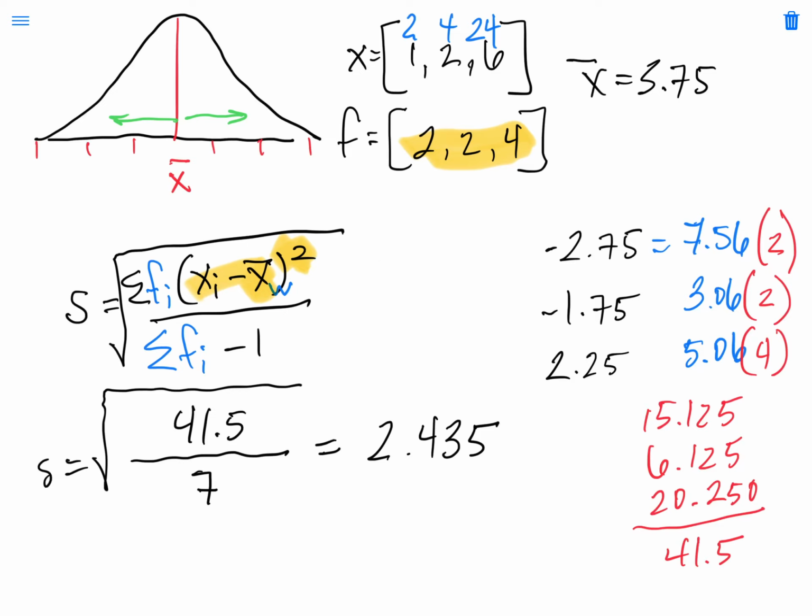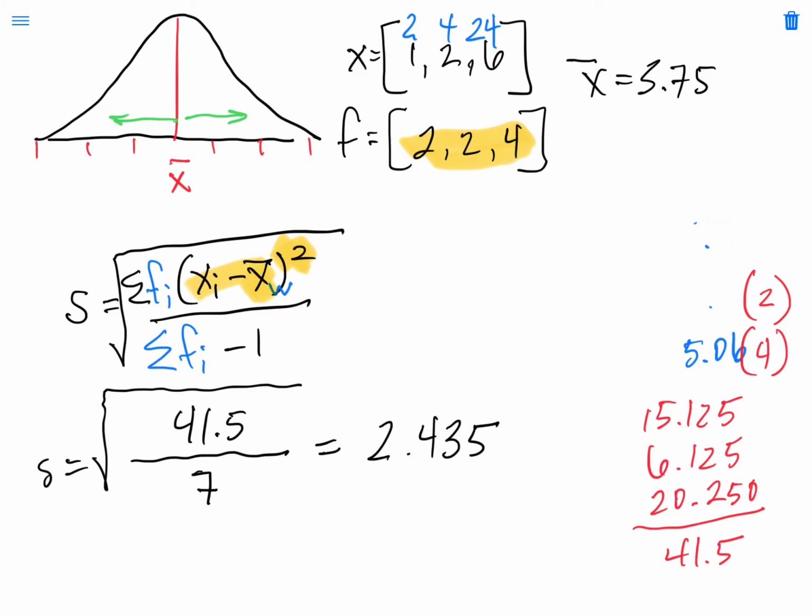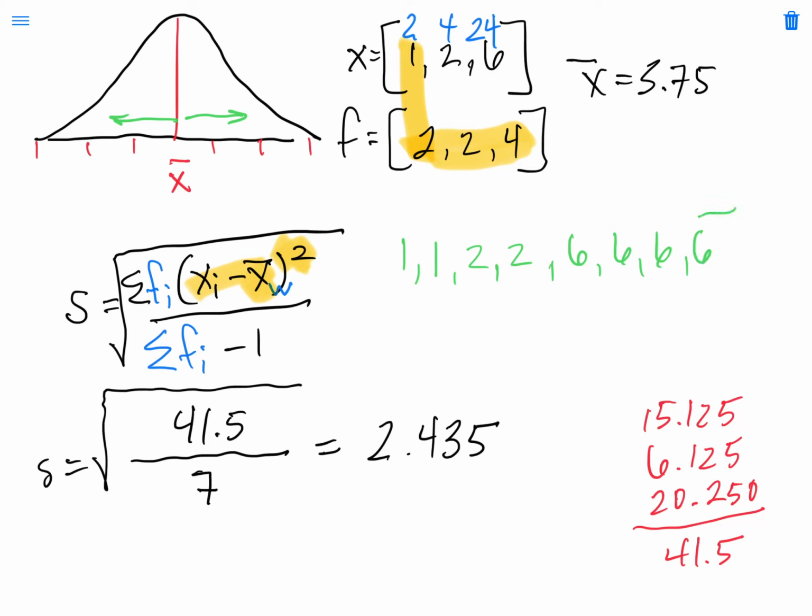Now let me illustrate one concept here. This is exactly the same thing as if, instead of multiplying the 1 by the 2, we just had 2 1s, 2 2s, and 4 6s as our data set.